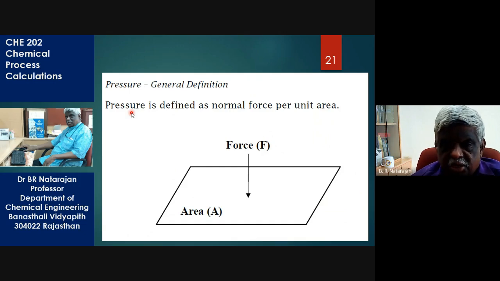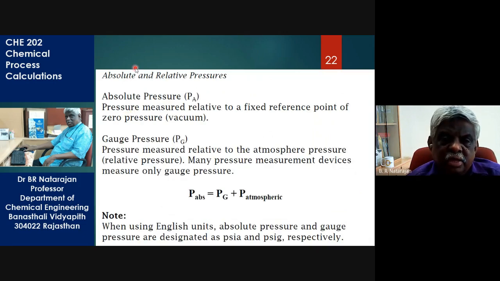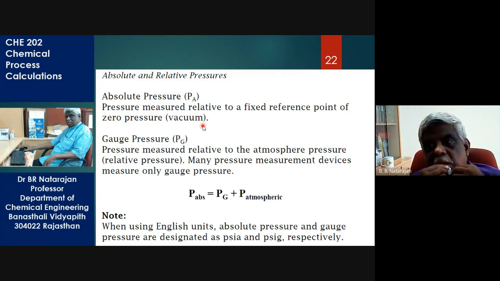That is the definition. Now, you have something called absolute pressure and relative pressure. Absolute pressure, the symbol is PA, is measured relative to a fixed reference point of zero pressure, vacuum. So that is measuring absolute pressure.